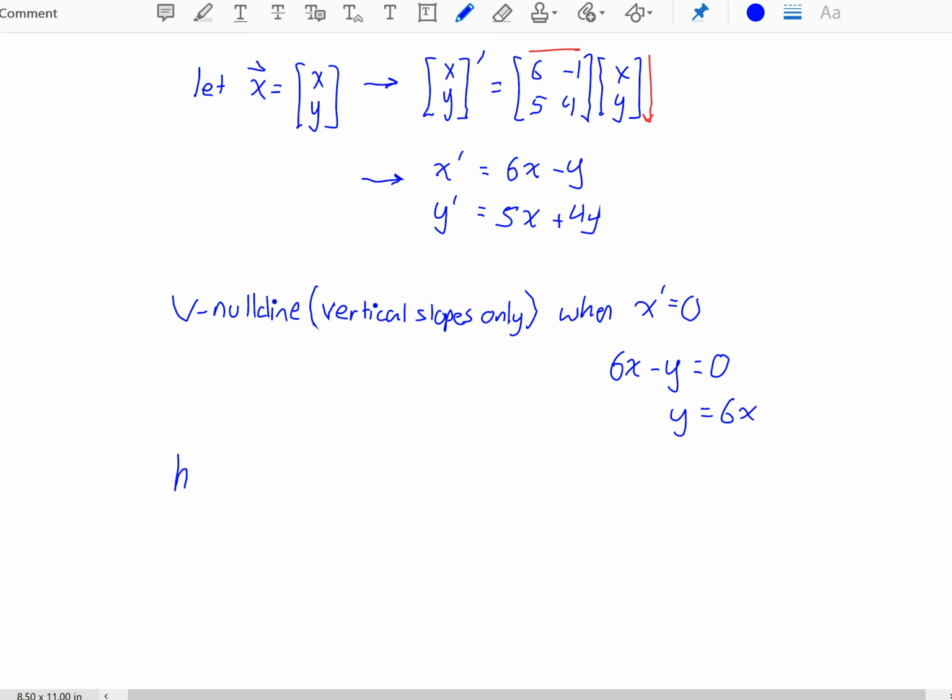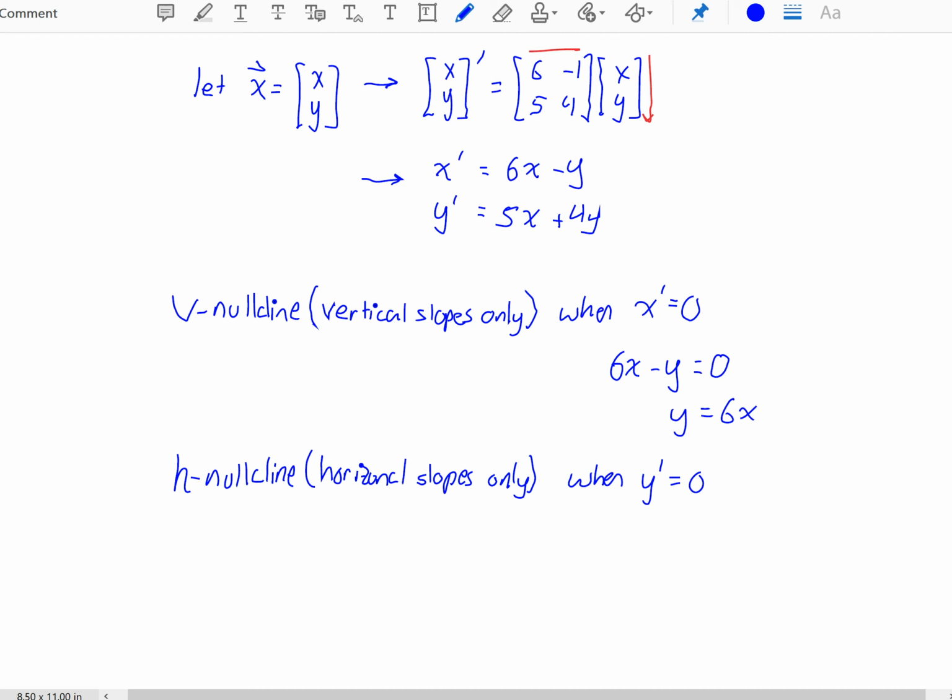Now we'll find our h nullline. Your h nullline has horizontal slopes only. And if you only have horizontal slopes, that means that y prime is equal to 0.